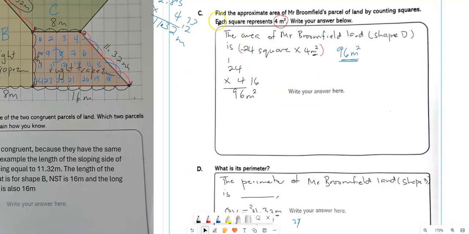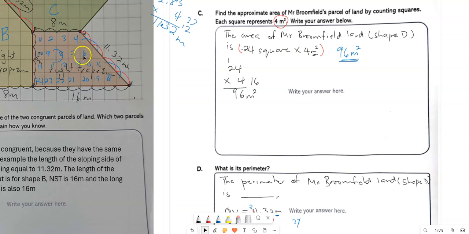All right, to wrap this up quickly, we were supposed to find the area by counting. So the area of Mr. Broomfield's land, which is shape D, we did some counting here. So we said 1, 2, 3, 4, and we use these two half.